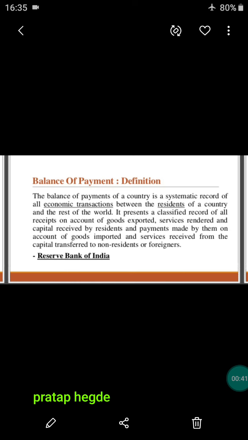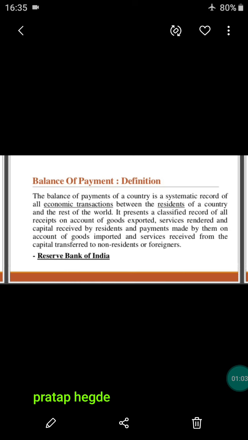But balance of payment, in respect to balance of trade, is slightly different. Now what do you mean by balance of payment? The balance of payments of a country is a systematic record of all economic transactions between the residents of a country and the rest of the world.